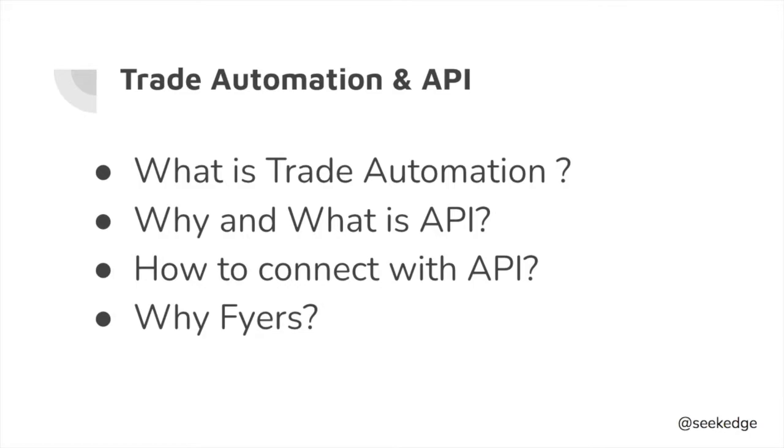So what do you mean by trade automation? We already saw that. Instead of manually punching in trades into your Nest platform or Kite or Fyers or whatever the different broker terminals that we have, instead of typing in manually, we would make use of automation.